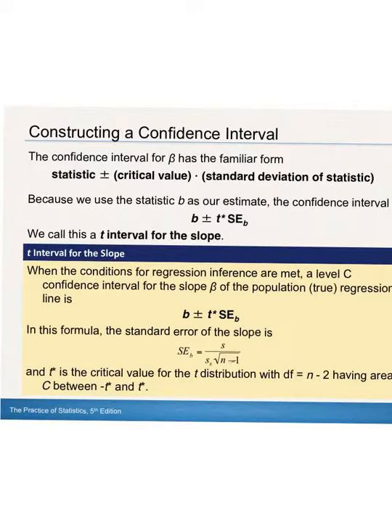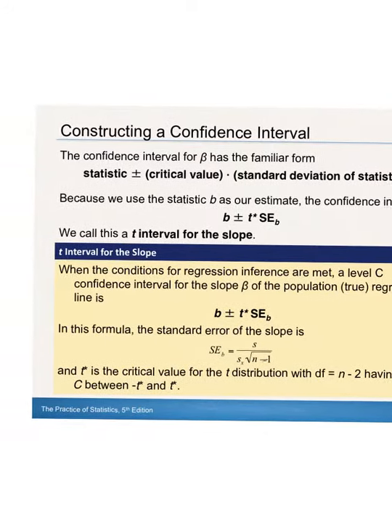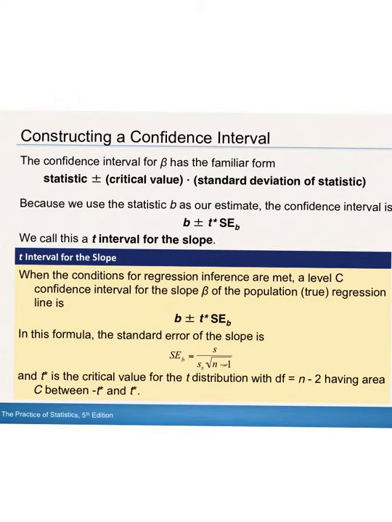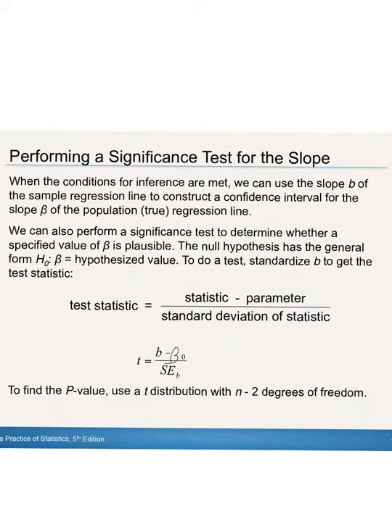Once again, remember that the degrees of freedom is n minus 2. So if our conditions are met, the slope b can be used to construct a confidence interval that gives us the range of plausible values for the population's true regression slope.